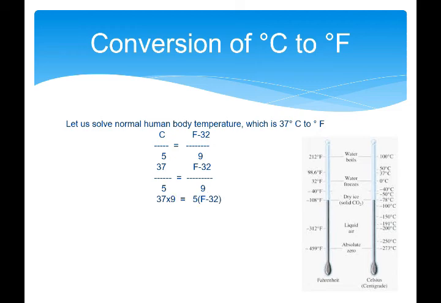By cross multiplying, it will be 37 into 9 is equal to 5 into (F - 32). Or we can say 333 is equal to 5F - 160. It becomes 333 + 160 is equal to 5F, or 493 is equal to 5F. F is equal to 493/5. It becomes 98.6 degrees Fahrenheit.